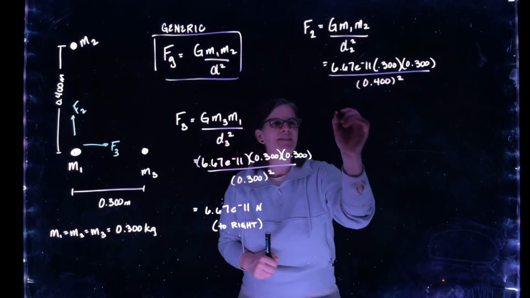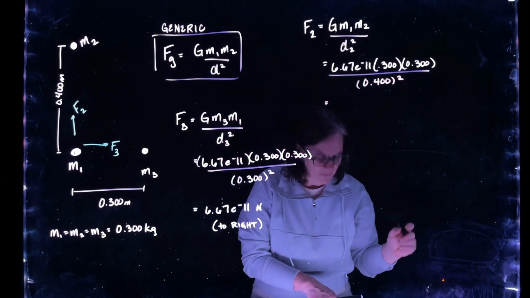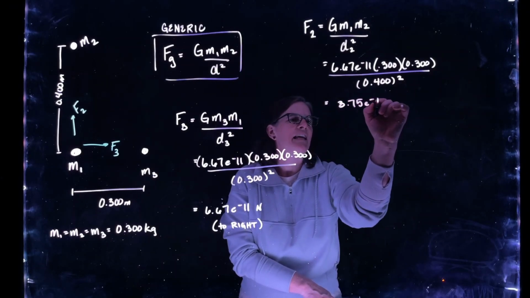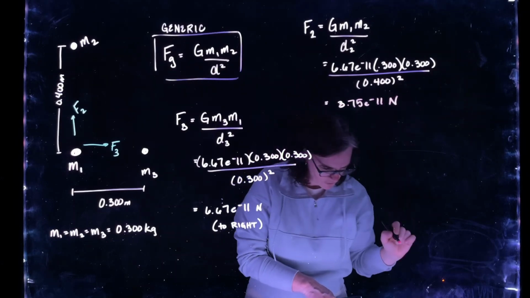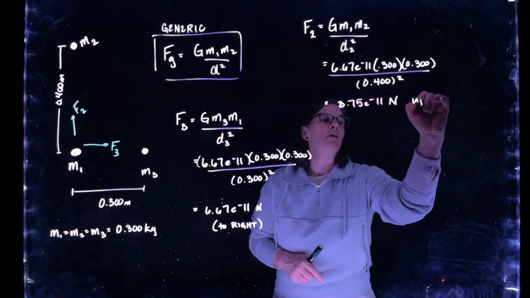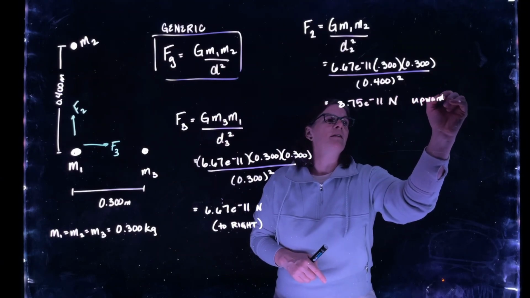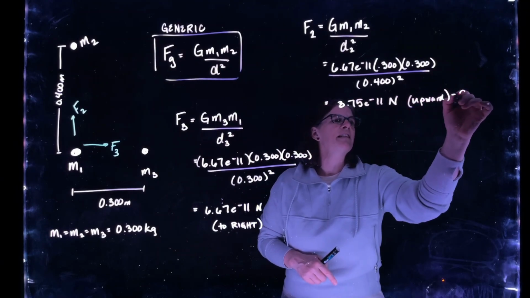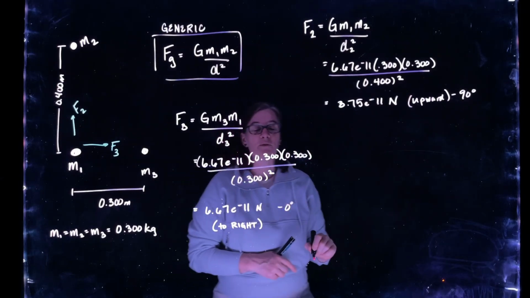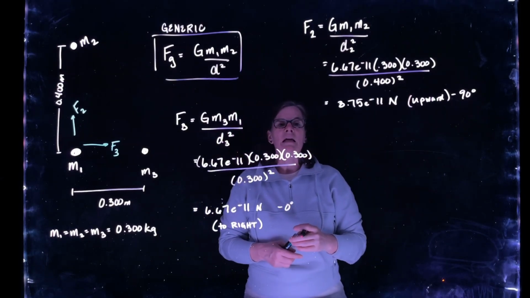And when I plug that into my calculator, I've already done that, we end up with 3.75 times 10 to the negative 11 newtons. This is pointing upward. So this is at 90 degrees. This is at 0 degrees using a coordinate system.